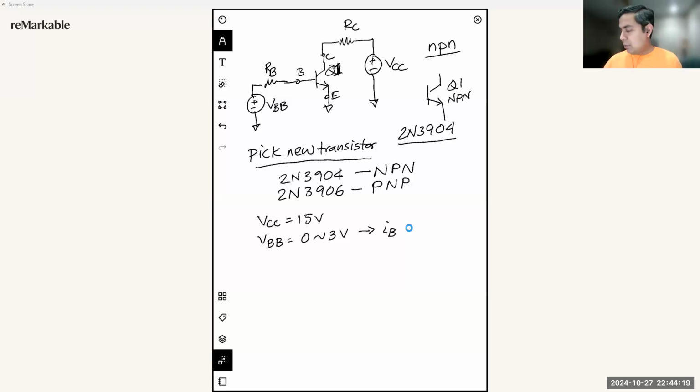We are going to see how that IB current is behaving. If we plot IB versus VBE, you are going to see something like this.